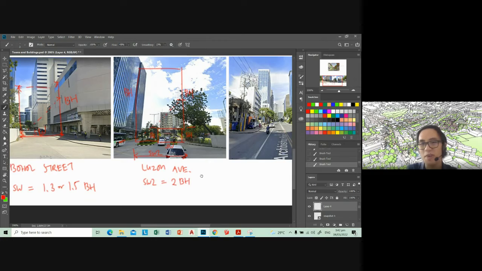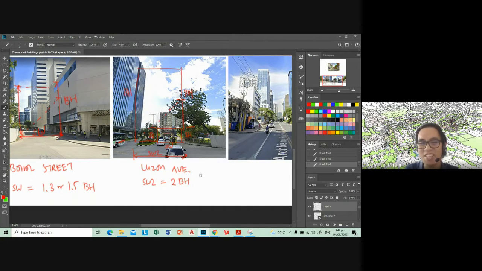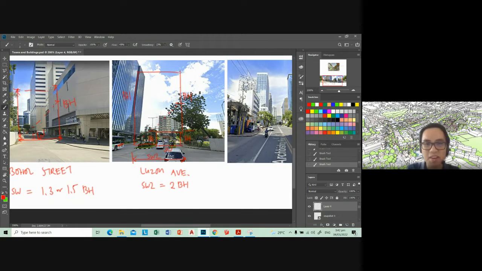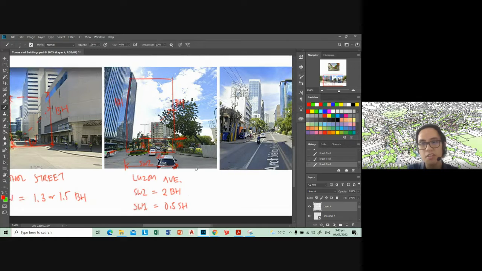So now we're doing math. Now it looks like I'm teaching math. But on the smaller scale one, SW1, is more or less equal to, or even wider than the street height here. If we follow the trees, let's say about half, so 0.5 SH. So this is where you can think about proportion and scale, and bring it into your design.